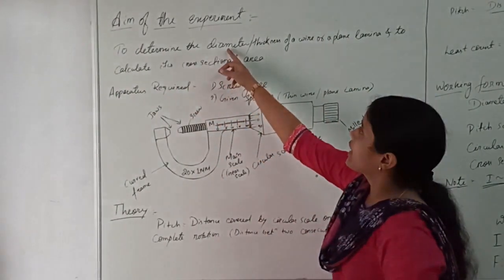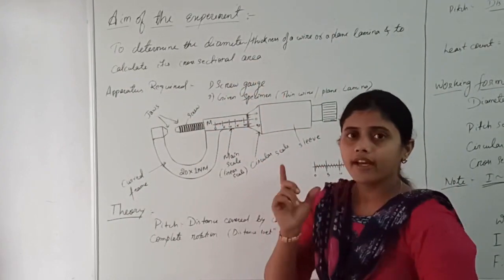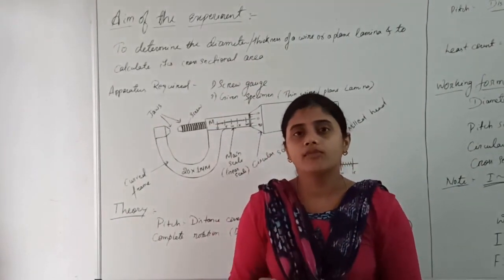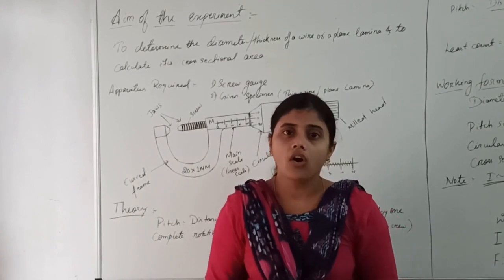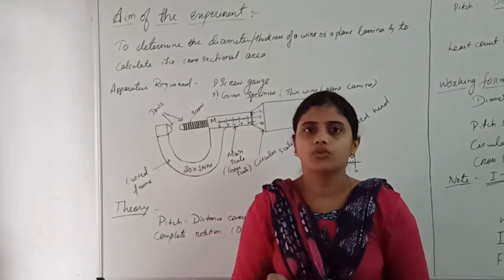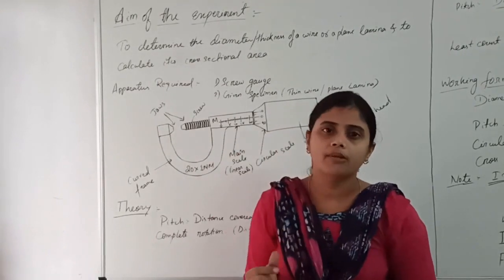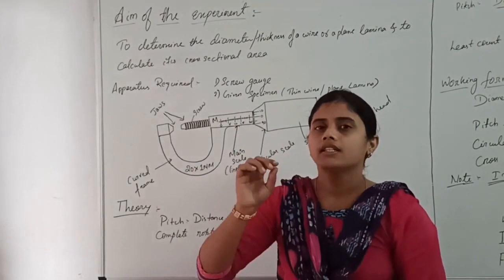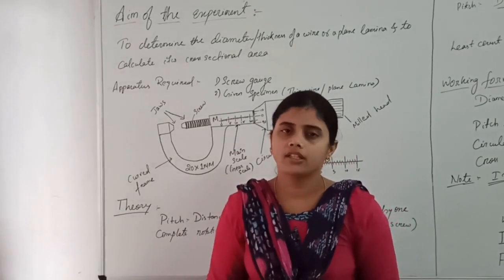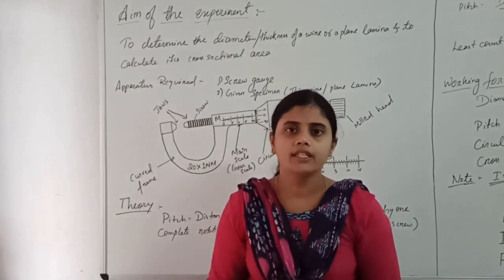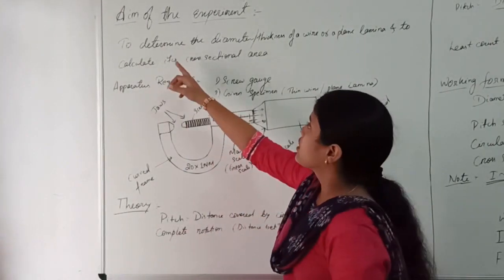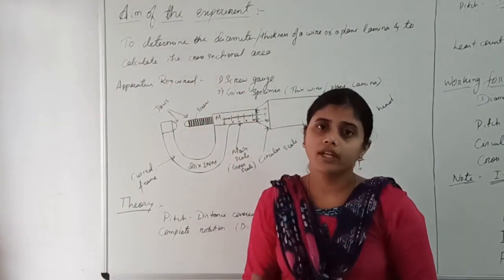A thin wire will be given to you, and you have to determine the diameter, or a plain lamina, a plate kind of thing, will be given to you, and you have to measure the thickness of that plate. After finding the thickness of the plate, you can determine the volume by the formula or by simple methods, and after finding the diameter, you can measure the cross-sectional area of the given wire.